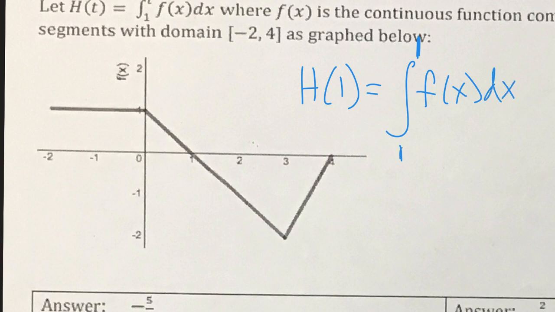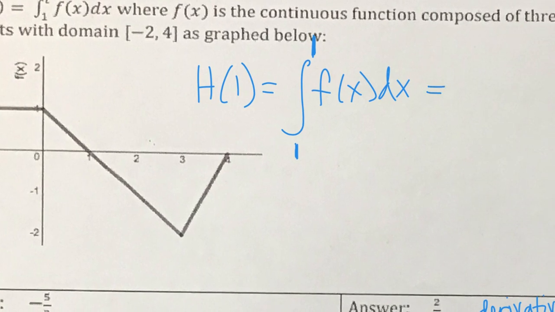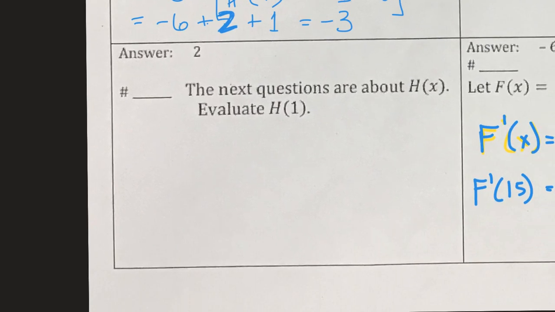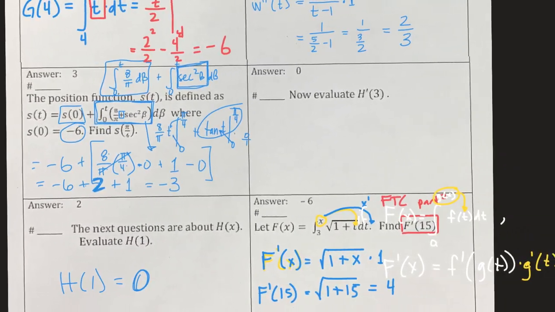Okay, so if your lower limit and your upper limit are the same, then we don't have any width to our rectangle, right? It has a width of 0, so that means the area under the curve is going to be 0. So h of 1 equals 0. And 0 takes us over here.